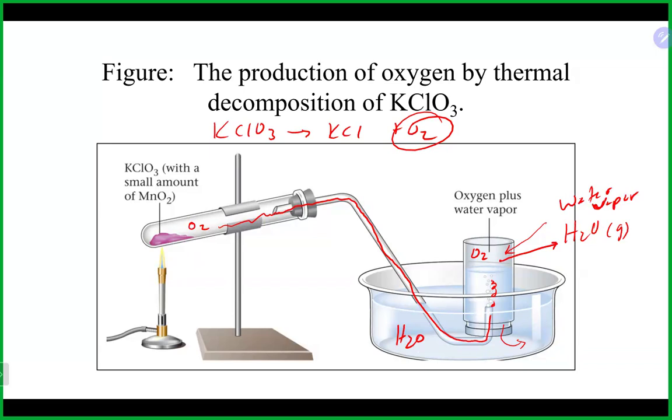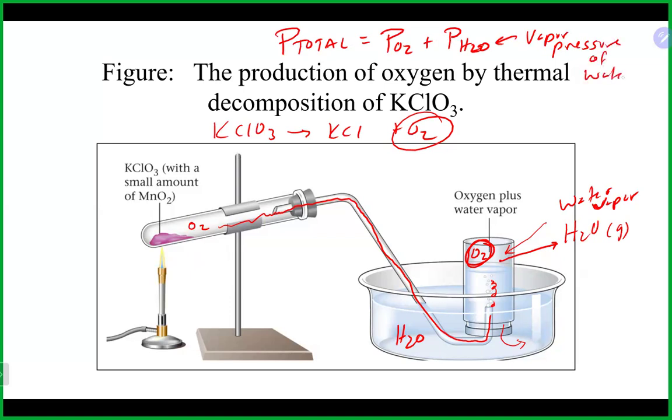We're not really interested in the water; we're only interested in the oxygen gas, which is the gas of interest. So this creates a partial pressure situation where the total pressure equals the partial pressure of the oxygen gas plus the partial pressure of water, which is known as the vapor pressure of water.